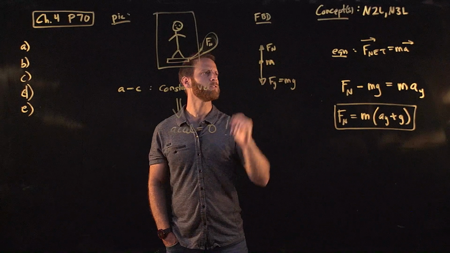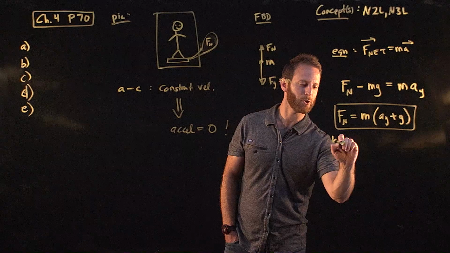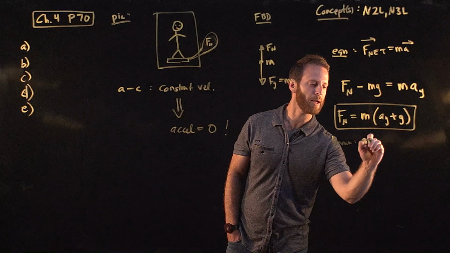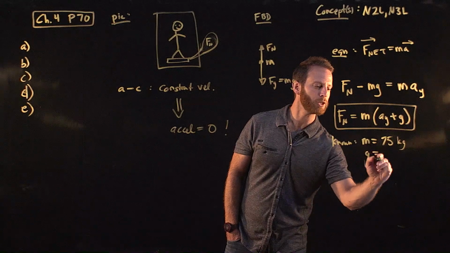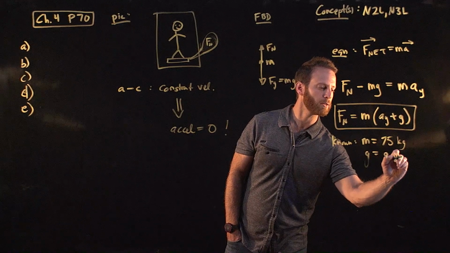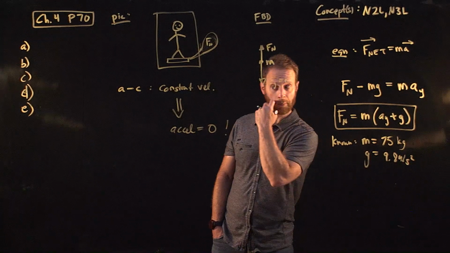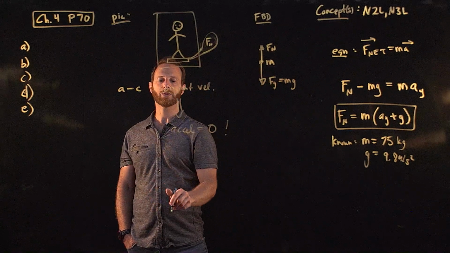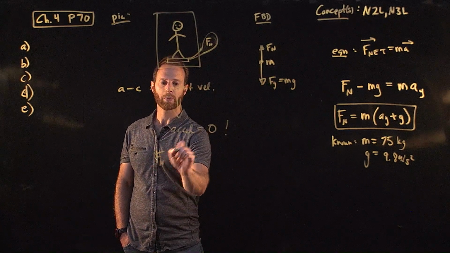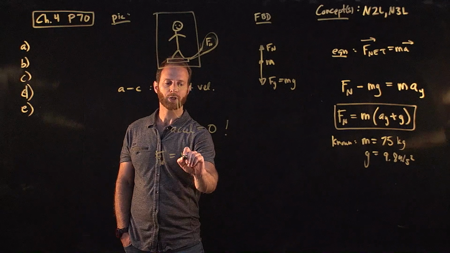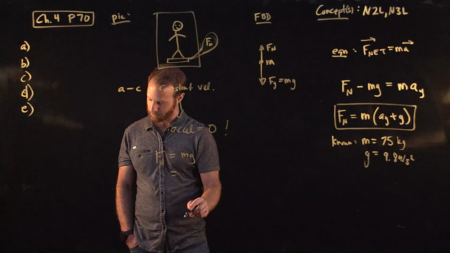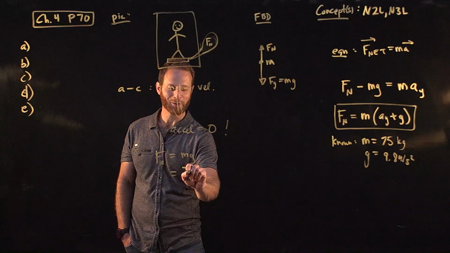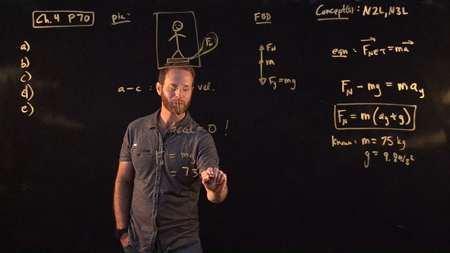Okay, I forgot to indicate here the things that are known, but you probably picked up on the mass of the person is 75 kilograms, and g is 9.8 meters per second squared. So for parts A through C, we know that the normal force, based on this argument, is mg, which is 735 newtons.